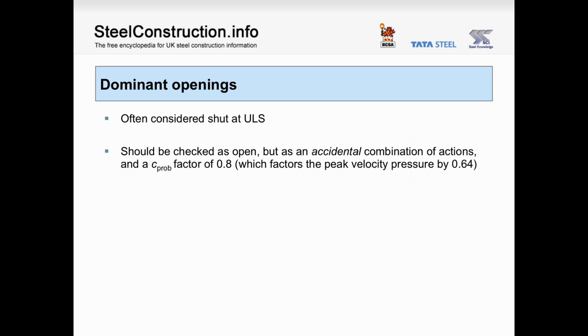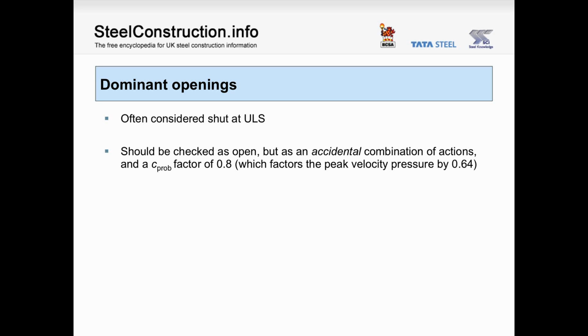We often need to consider dominant openings, and common practice, even if there is an opening which would be dominant, is to consider that opening to be shut at ULS. If we do that, there is a second case that we should consider, and that is the opening being open, and that's an accidental combination of actions, and therefore we would use reduced load factors.